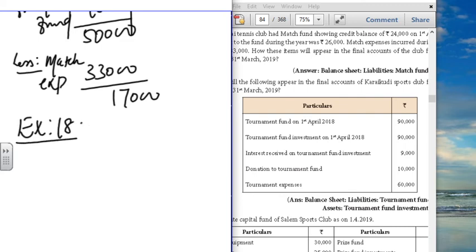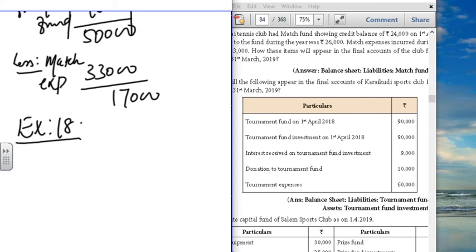It's a small problem. All the following items will appear in the final accounts of Karaikudi Sports Club for the year ended 31st March 2019. Tournament fund, again it ends with fund, so it's going to appear in the liabilities. Tournament fund investment they have given. Investment means it is an asset. Only this will appear on the asset side. Interest received, you have to add it.